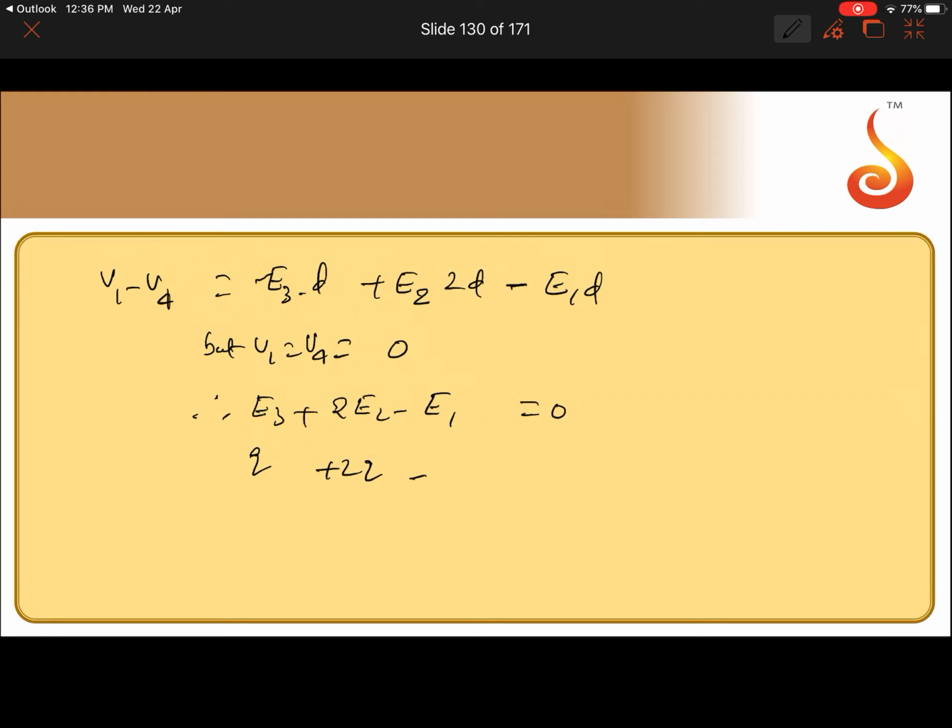So therefore q plus 2q minus Q minus q equals 0. So 4q will be equal to Q, so q will be equal to Q by 4. This is the required answer for the first part.